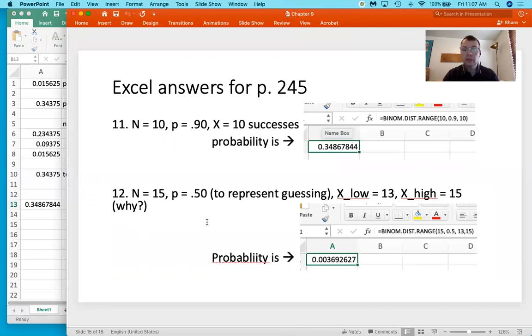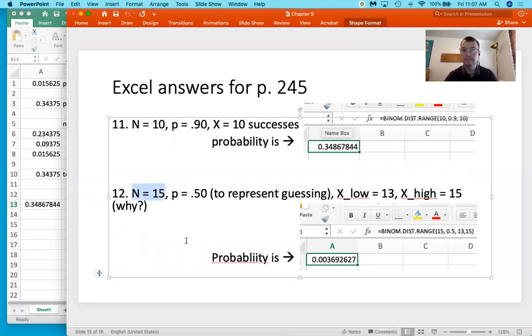The second one, we've got someone taking a 15 item true false test. So if we think of each item on the test as a trial, there's 15 items, n is 15. It said in the problem that they're guessing. What's the probability that if they're guessing on each one, that they get at least 13 right?